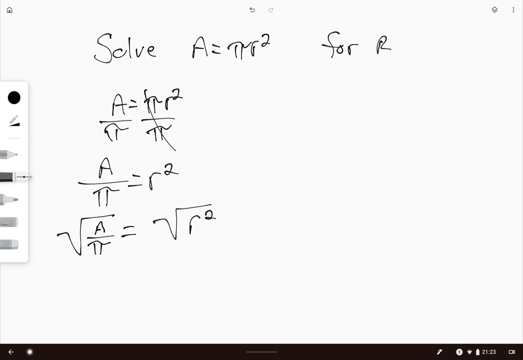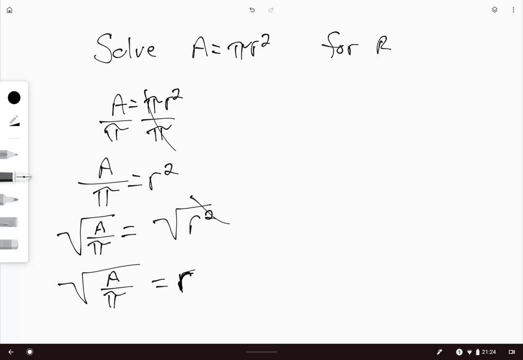So when I take the square root of r squared, those cancel out, and I'm left with r by itself. So r is going to equal the square root of the area divided by pi. Okay? And that's just based on the fact that the inverse operation of an exponent is the root operation.